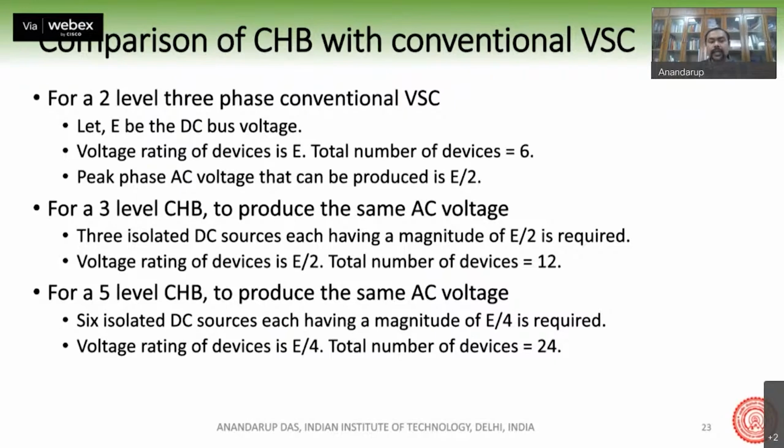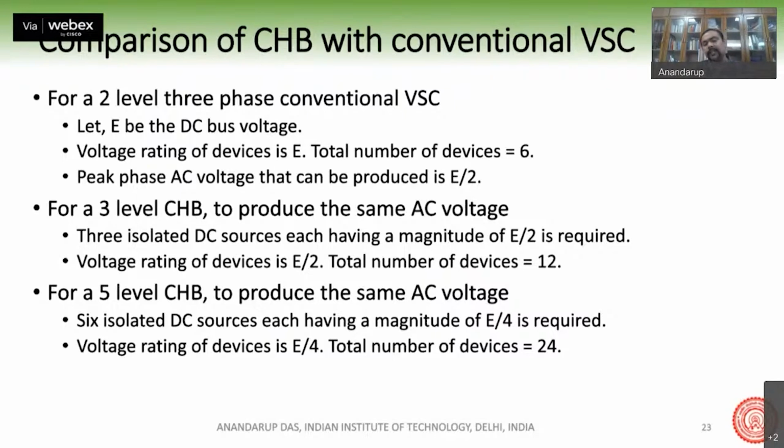there are also applications where a high voltage needs to be produced, and for those high voltages, with the present generation of, say, IGBTs or GTOs or IGCTs, we do not have that much blocking voltage capacity from those devices. So we have to, in any case, use series connection of devices.